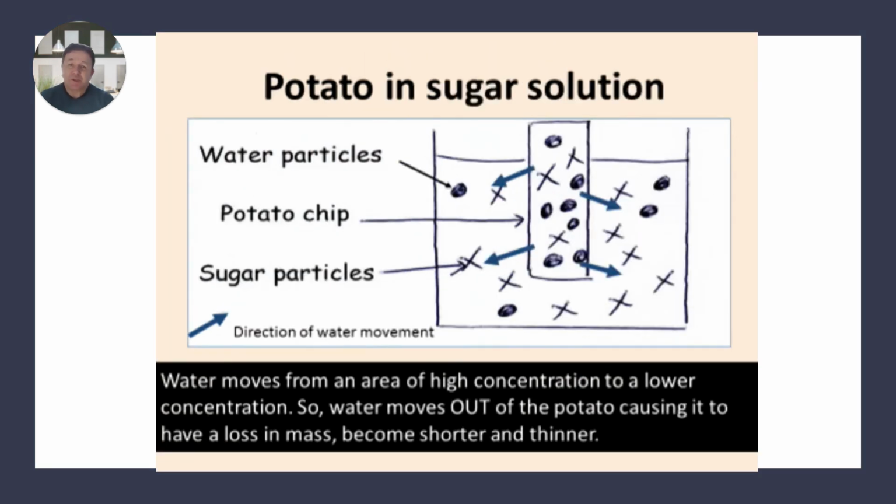Whereas a sugar solution, which is a more concentrated solution than the potato, means it's more dilute inside the potato chip, so water moves out of the potato, causing it to have a loss in mass. So percentage change in mass could be negative.